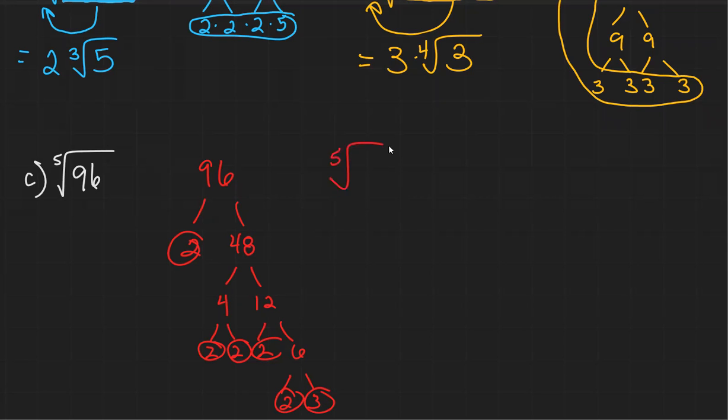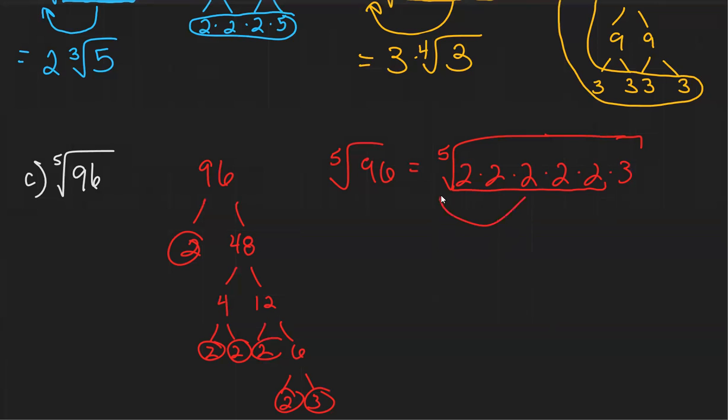So the 5th root of 96 is the same as the 5th root, a long 5th root, of how many 2's do we see? 5. Oh, we kind of have our answer already. Times 3. Okay, so I have a group of 5 2's here. I have a quintuplet of 2's.